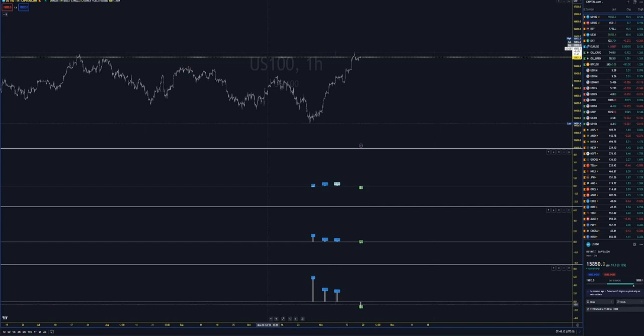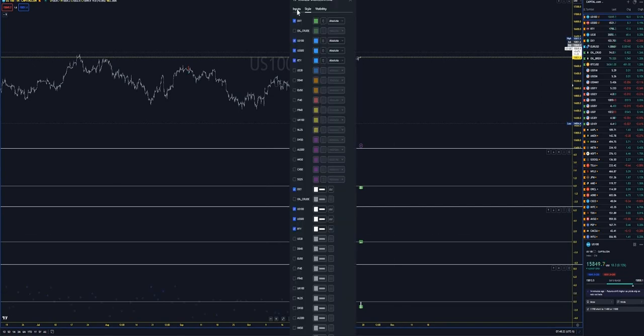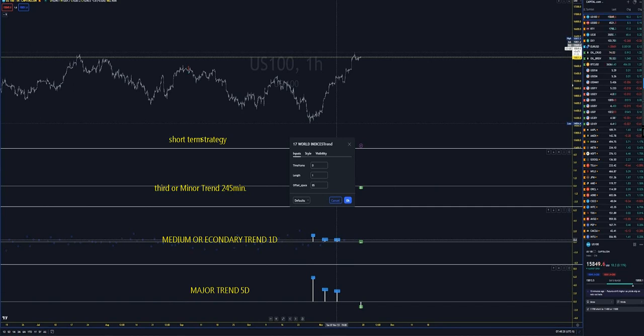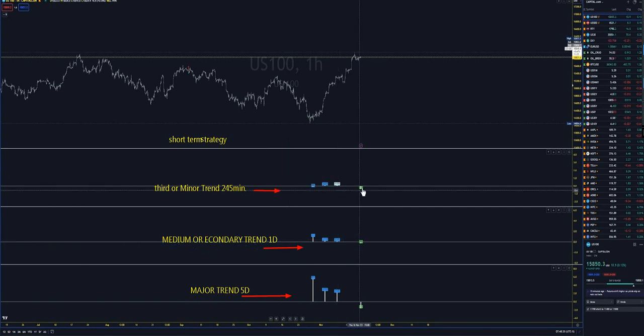So let's see, I want to show how it works. We have three different trades. The major trend we define on 5-day. Then the minor trend, the secondary trade trend, is daily, and the entry trade trend is 245.